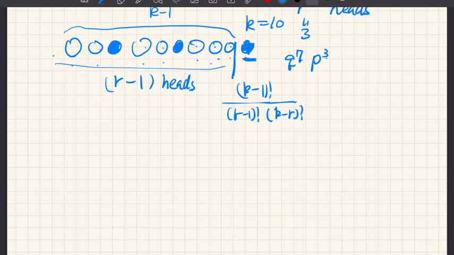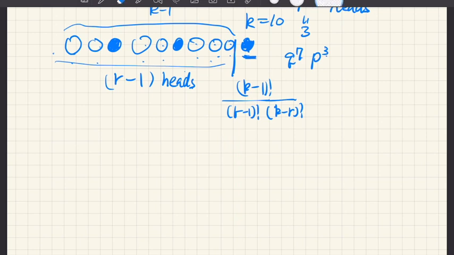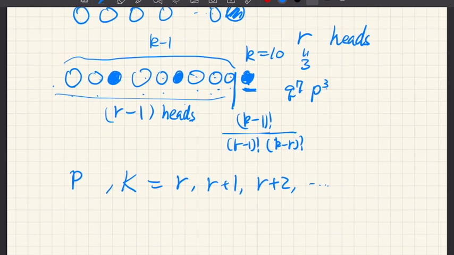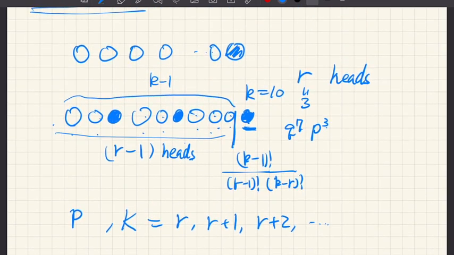Okay. So to generalize this, we have parameter p and random variable k, which takes the values from r plus 1, r plus 2, and so on, because we are interested in the number of trials until we get the rth heads.